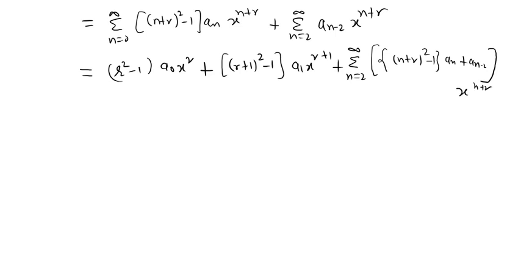So the first constant gives you the indicial equation, r square minus 1 equal to 0. So you got r equal to 1 or minus 1. You have two distinct real roots and their difference is an integer, so you may get difficulty finding the second solution using the power series method.